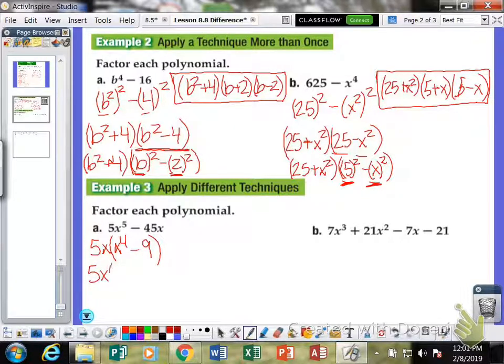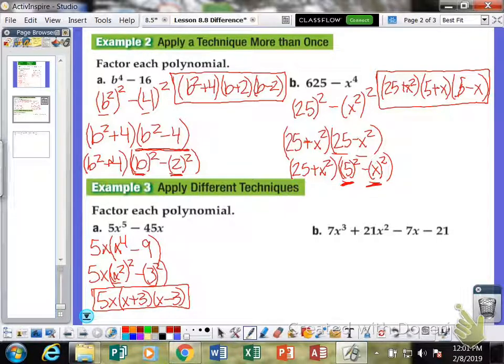So 5x times x squared squared minus 3 squared. And now again, using that formula, I still have my 5x here. I use x and 3. I have x plus 3 and x minus 3. And that would be my answer there.